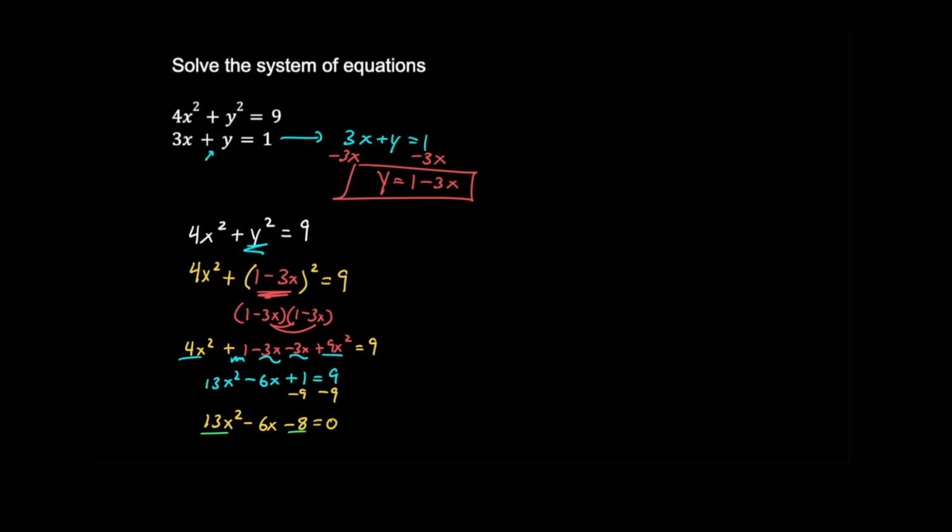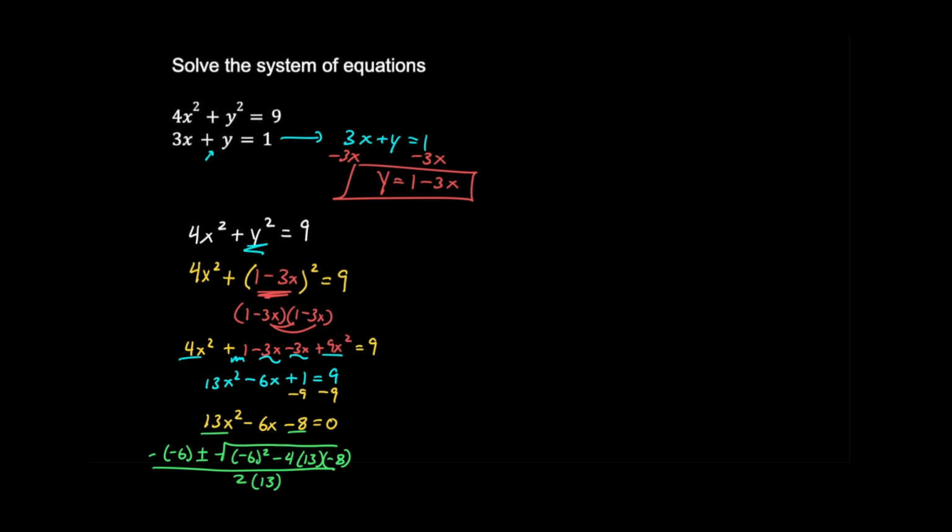So we'll have negative b, which in this case is going to be negative 6, plus or minus the square root of b squared, so negative 6 squared, minus 4 times a times c, which is negative 8, all over 2 times a, which is 13.